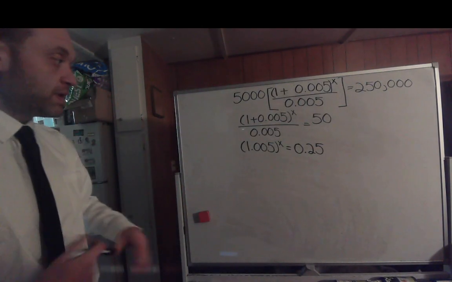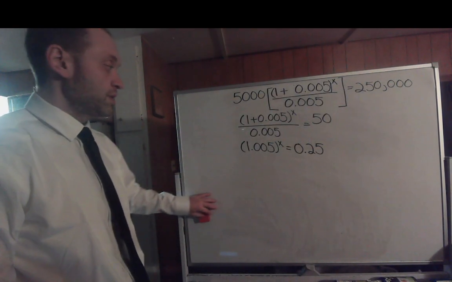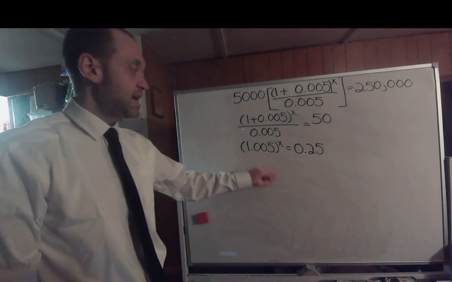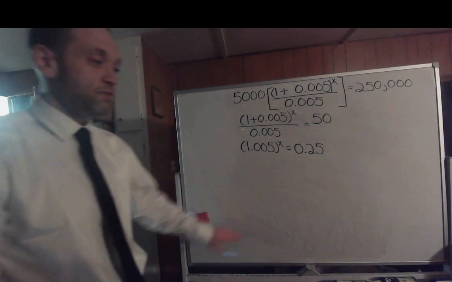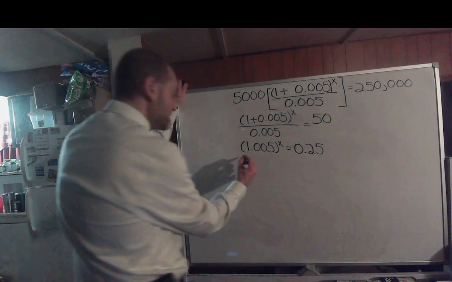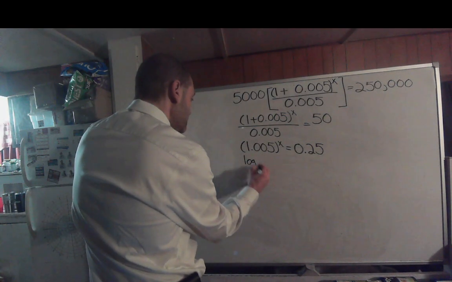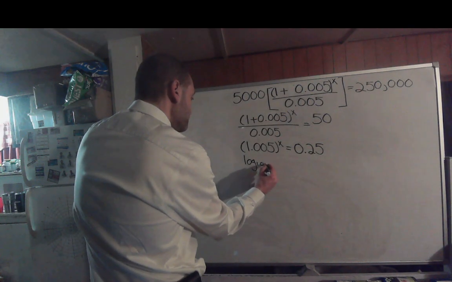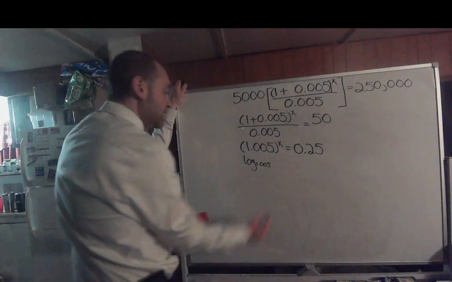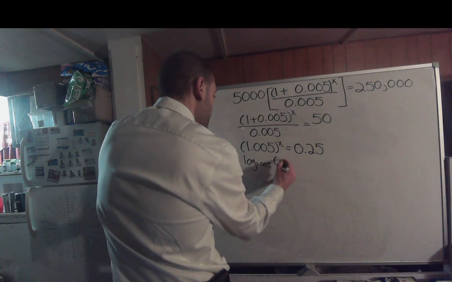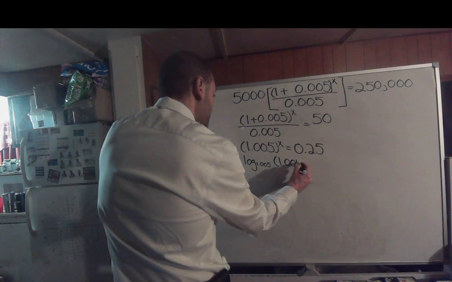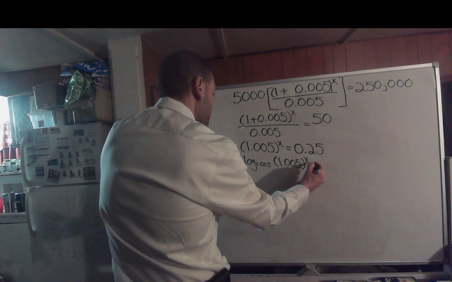Alright, so now we got it in a form we can easily work with. You have 1.005 to the x equals 0.25. So we're going to take the log base 1.005 of that 1.005 raised to the x power.